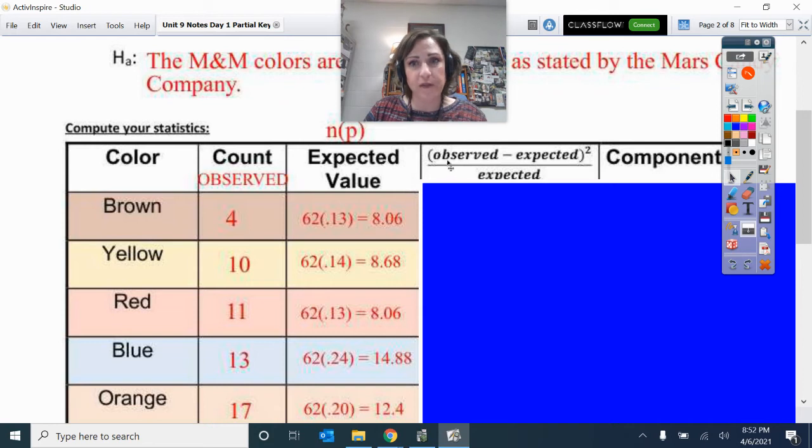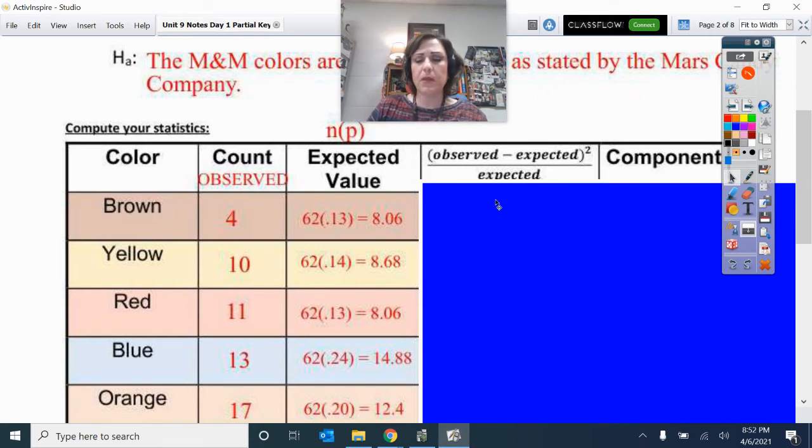So we've got the observed minus expected, square it, and we don't have a standard deviation here, so we're doing it in terms of expected. That's what they want to do relative to what was supposed to happen. How far off are we? Let me say that again. Relative to what was expected to happen, how far off was our observed data?